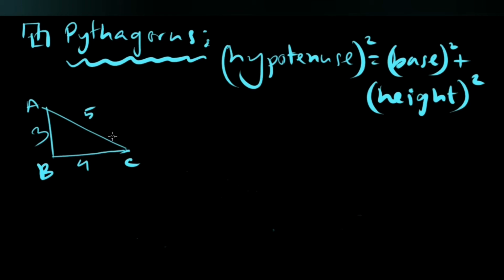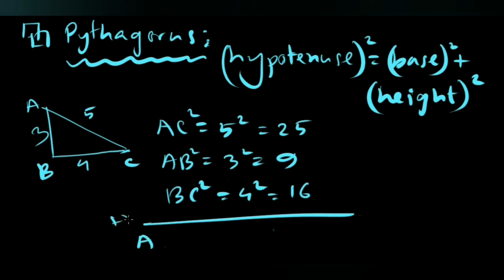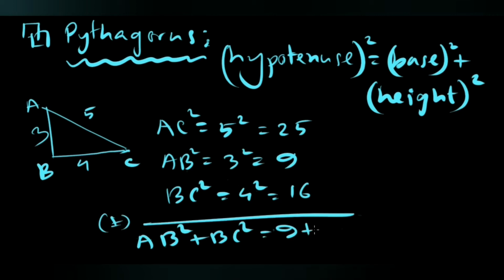Now even if it is a scalene, or sometimes you can get this in an isosceles triangle also, that the square of the biggest side, here AC is our biggest side that we can easily observe, is equal to the sum of the squares of the other two sides. The other two sides are AB, so the square of AB is 3 square, that is 9, and the square of BC is 4 square, that is 16. Now if we add, AB square plus BC square is equal to 9 plus 16, which is 25.